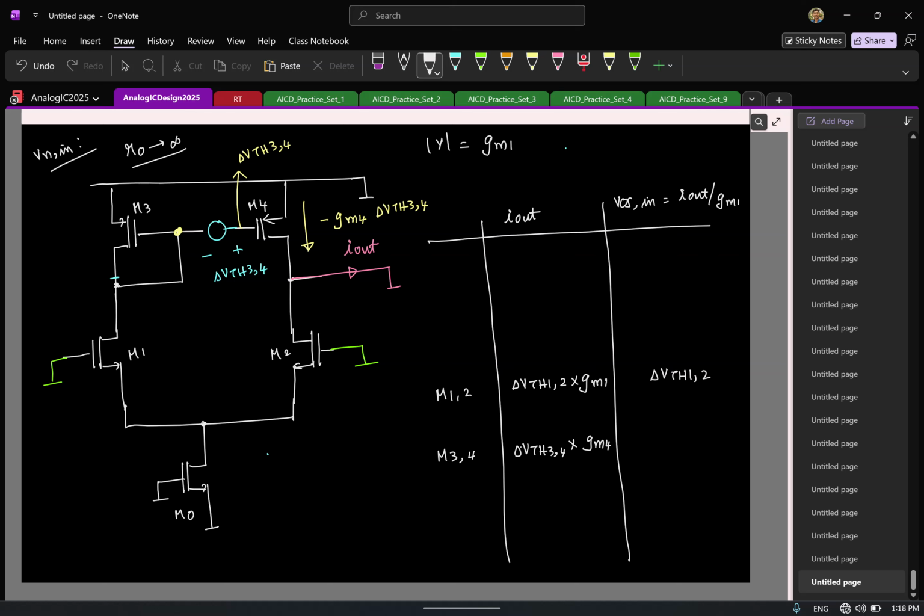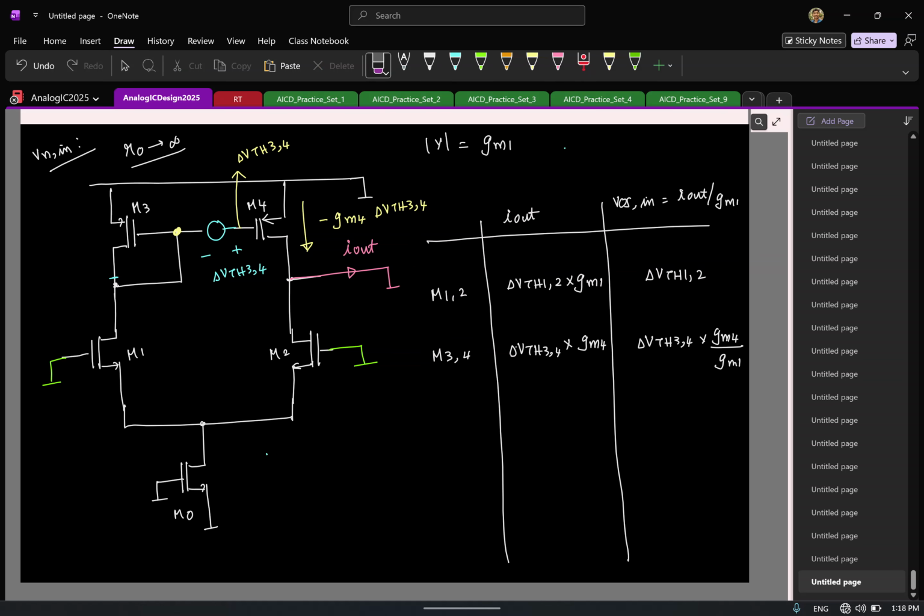If I refer it back to the input, it's going to be delta VTH34 times GM4 by GM. So again, the total expression will look like this. My input referred offset, let me just write it and wrap up: delta VTH12 plus delta VTH34 times GM3 by GM1. GM3, GM4 both are equal.